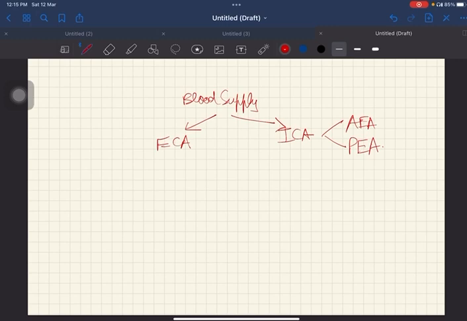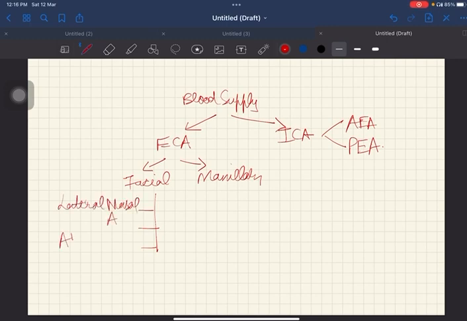The external carotid, however, has a much more branched out network, the initial branches of which are the facial artery and the maxillary artery. The facial further gives three branches, which are the lateral nasal artery, ascending palatine artery, and the superior labial artery.